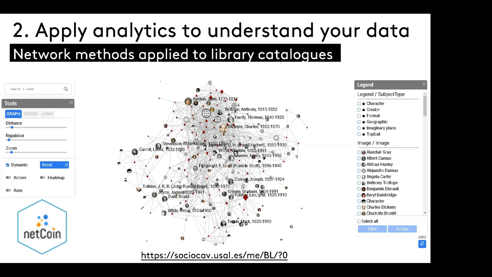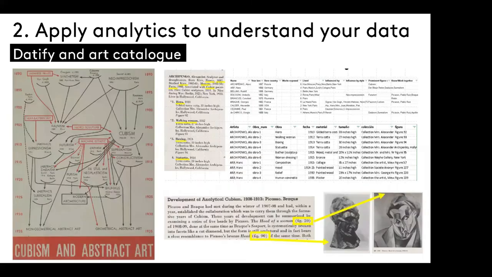Through just visualizing your data, you understand better what that data is and what's in it. And again, I'm sharing the links there in case you want to have a look and play around with the data.